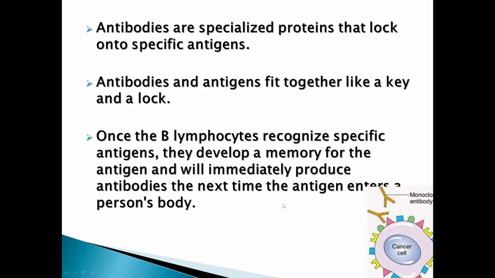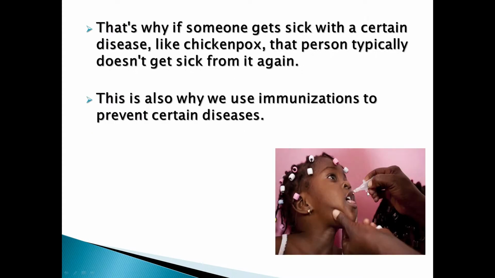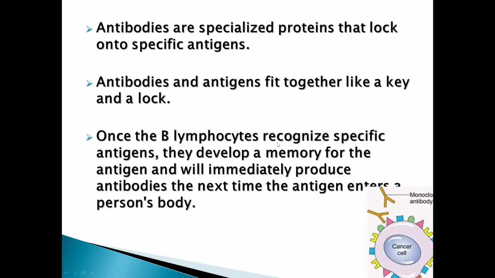And that's what the first point is saying, where it is saying that antibodies are specialized proteins that lock onto specific antigens. What that means is that the antigen that causes corona requires a different antibody from that which causes flu or diarrhea, for example.